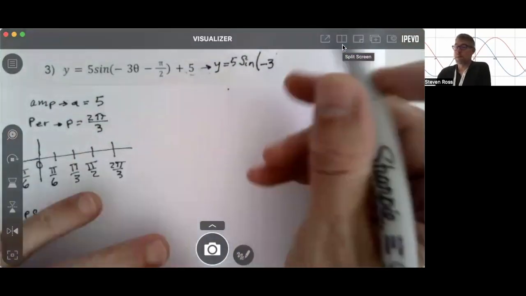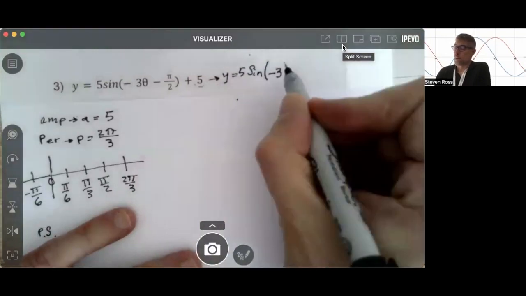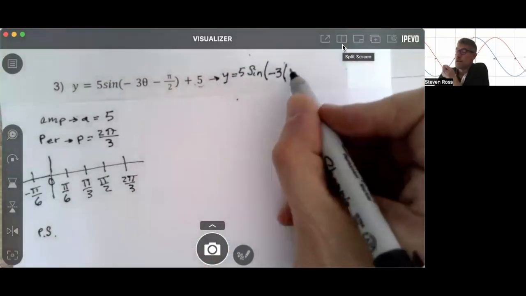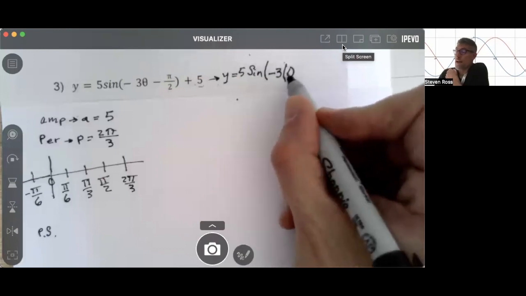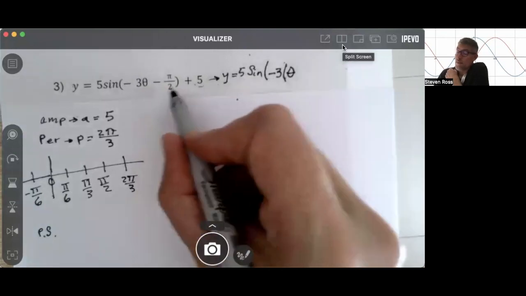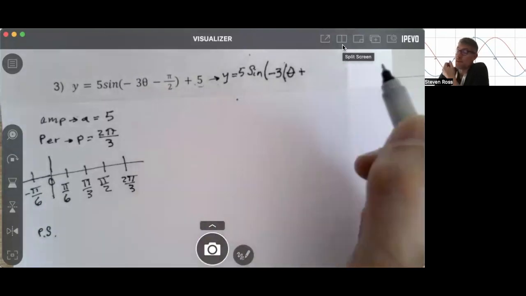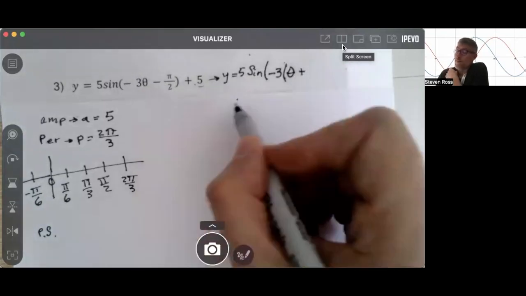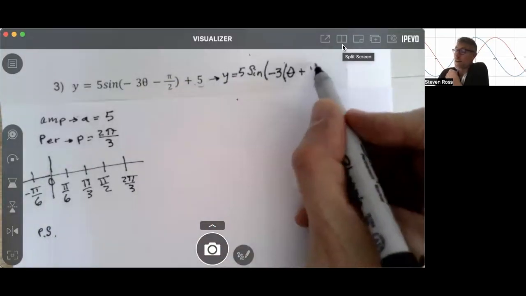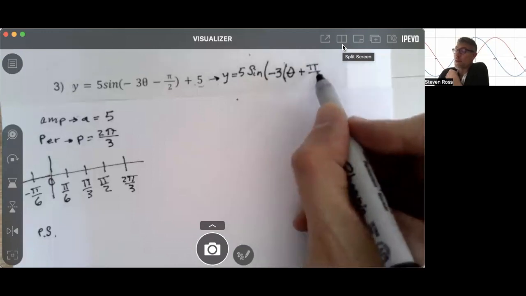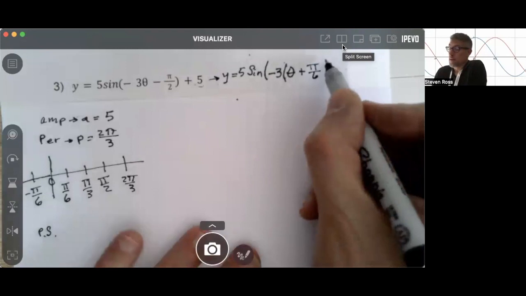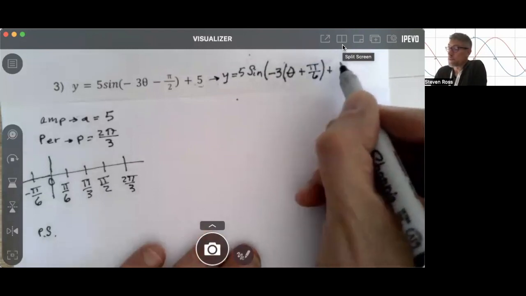I'm not changing the value of anything. So I'm going to factor out a -3. So when I factor out or divide out a -3, I get theta, and a negative and a negative will become a positive. And the way I divide a 3 out of pi over 2 is I multiply by 3 in the denominator, and that becomes plus a pi over 6. And then it goes plus 5.